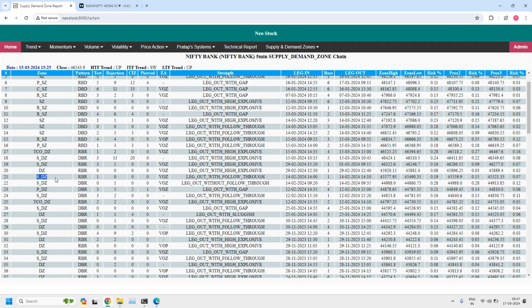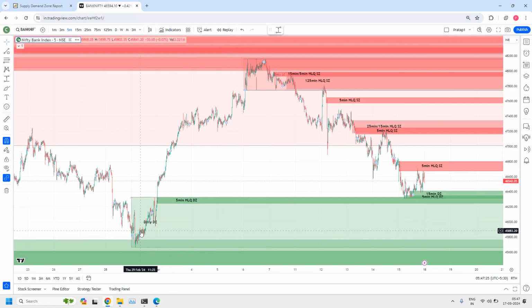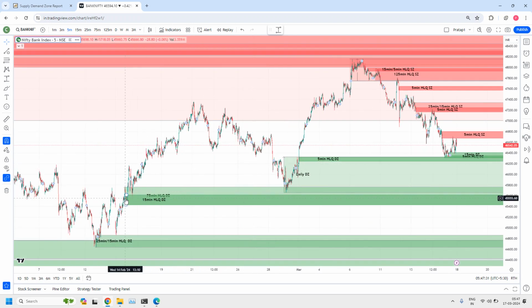So 21 we have a high liquidity. Already gave one test. When is it? This is on 14th February, 14 hours candle. 14th February, 14 hours. So that means there are no high liquidity zones. 14th February is here.